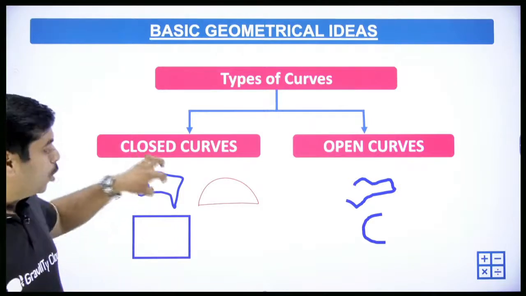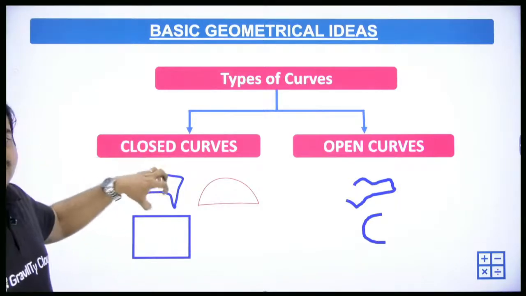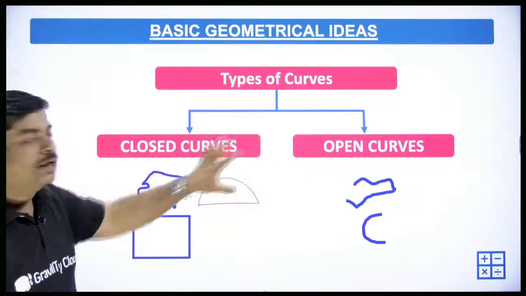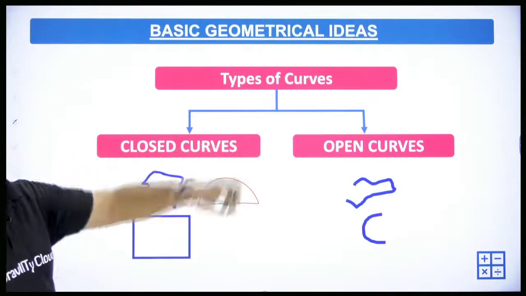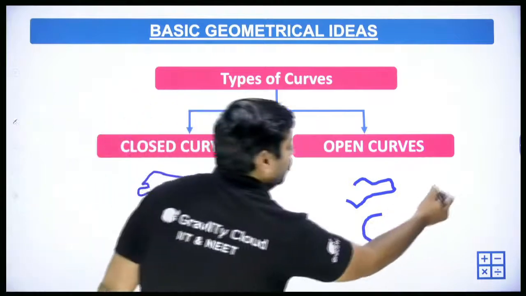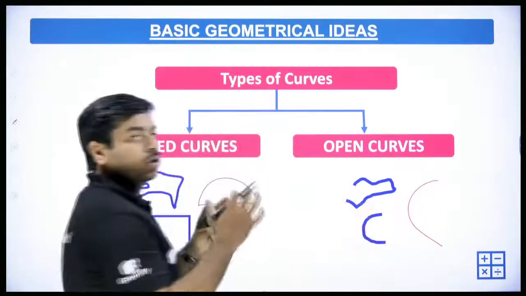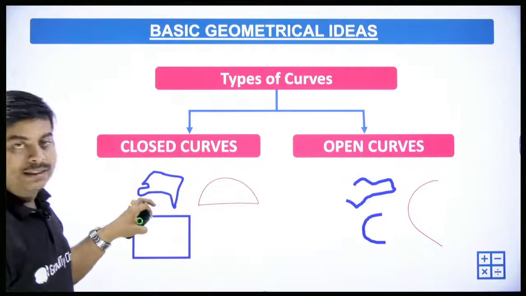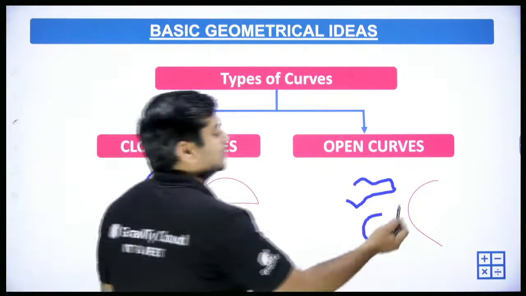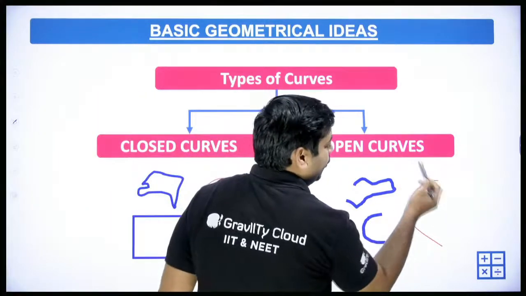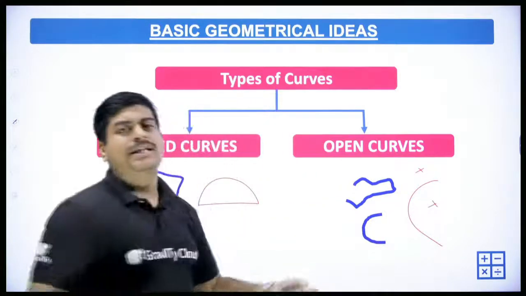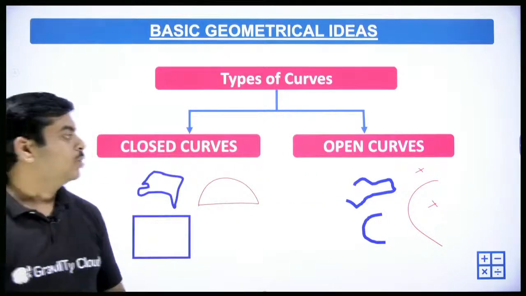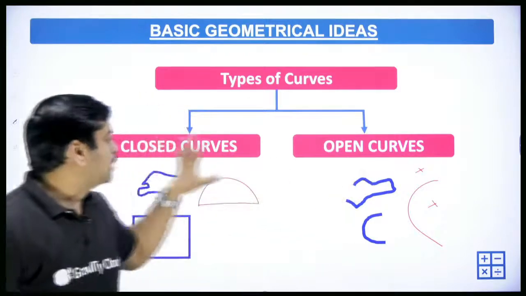It is completely closed, with a part inside and outside. Such curves are called closed curves. And here it is open, there is no closing, so you cannot say which is interior and which is exterior. If a point is there, we cannot say whether it is inside or outside the curve. So these are called open curves, and these are called closed curves.